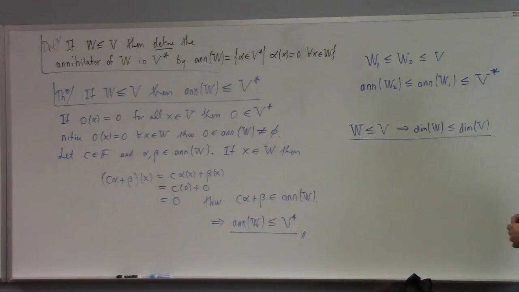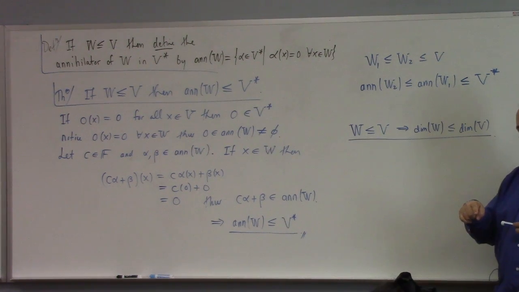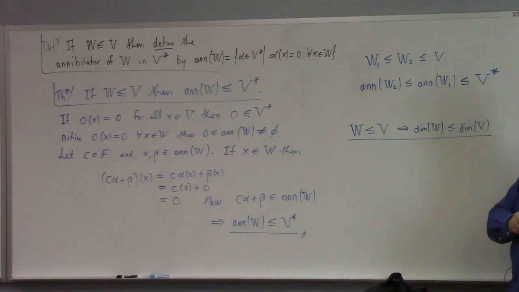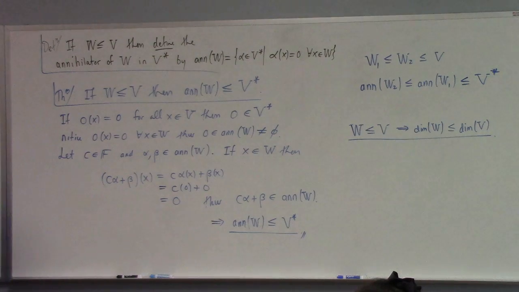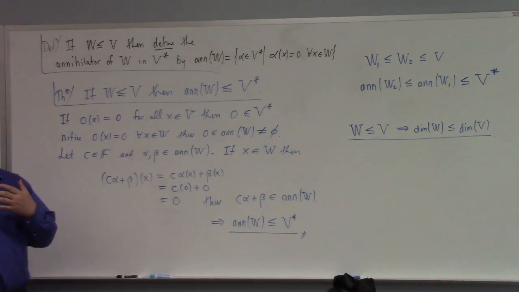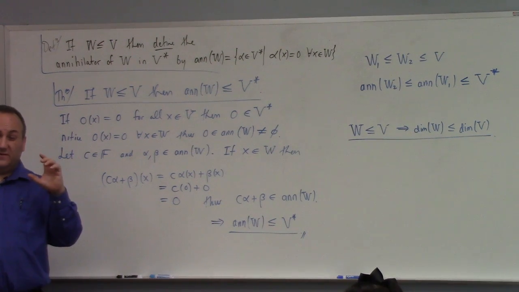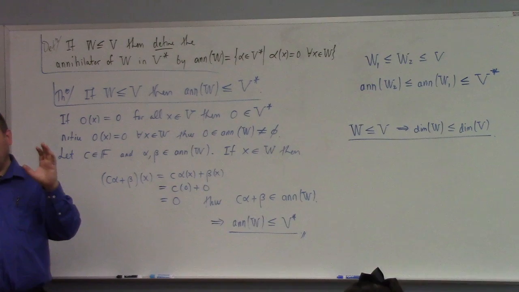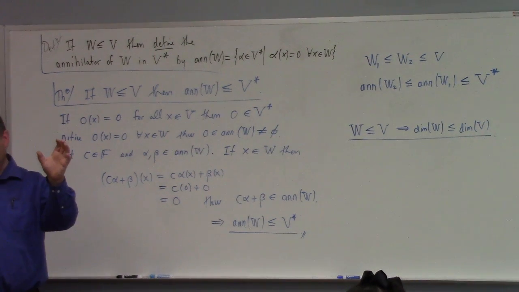So the one thing that's left in this section, and I think there is a problem in your quiz about it, is the so-called transpose of a map. So if I have a minute, I'll show you. I don't have a minute, so I'll just talk about it. If you have a linear transformation from V to W, you can define the transpose of that map from W dual to V dual.